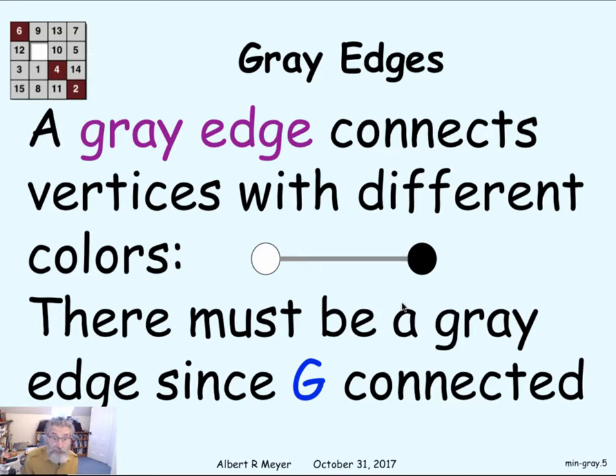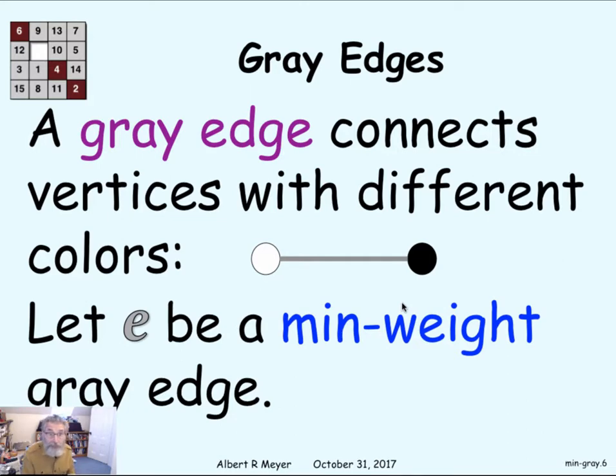So there is a gray edge for any legitimate coloring. And that means that there's going to be a minimum weight gray edge. And by our hypothesis that all the edge weights are distinct, there's going to be a unique minimum weight gray edge for that gray coloring, for that black-white coloring.